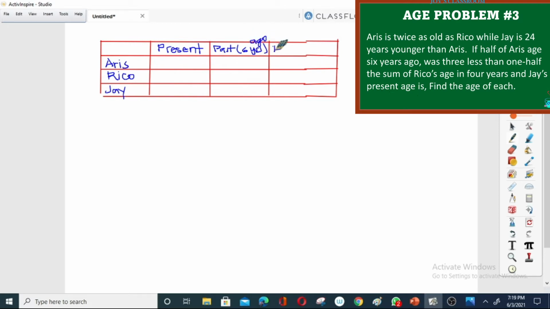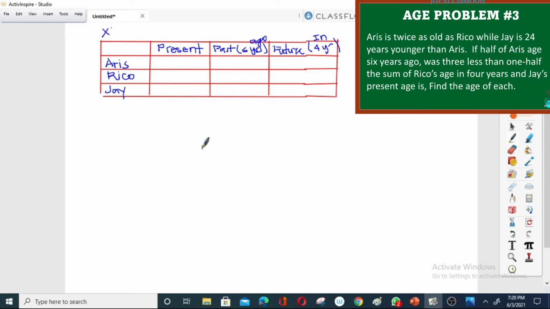And there's also a future. It was mentioned there, the future, in 4 years.